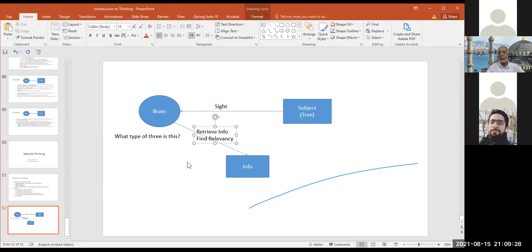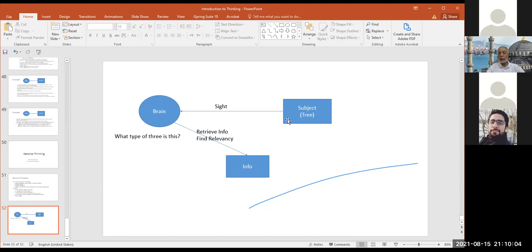Do I have, let's say, the height of the tree, the color of the leaves, if it has a smell or not, what type of leaves it has? And then I start looking at information in my brain that I have collected, that I have read maybe in books or somebody told me about, until I find the most relevant information.